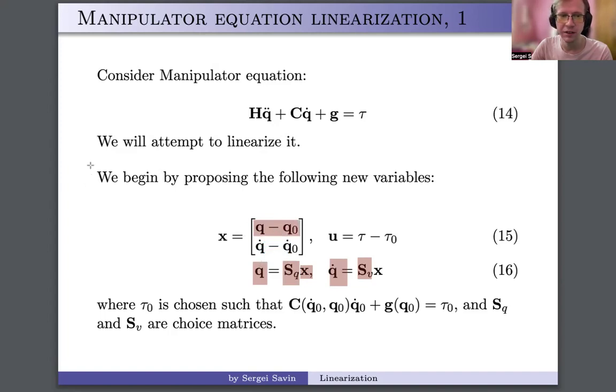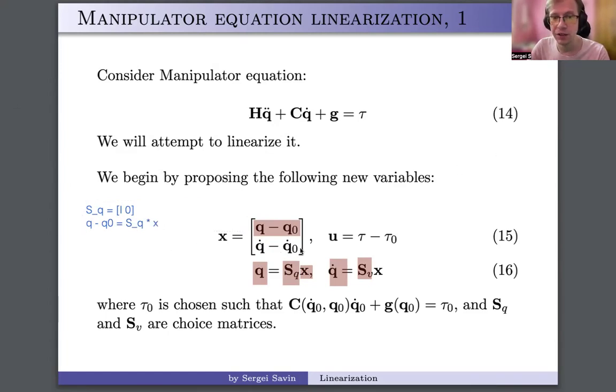We could find, for example, if we select C sub Q to be equal to, let's say, identity and 0, block matrices, then what we'll find is Q minus Q0 will be equal to C sub Q times X.